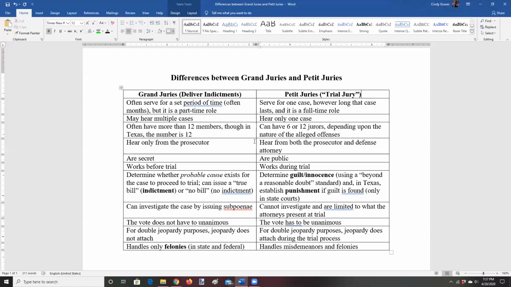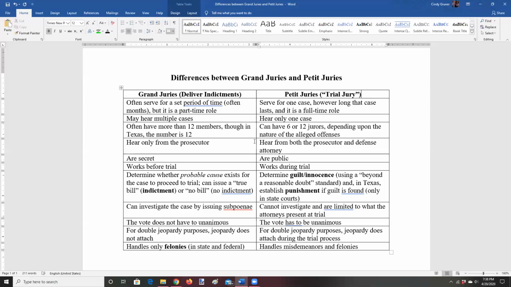I guess another reason is that whenever you're involved in an ongoing investigation, there can be issues of people's lives being in danger or a sensitivity about the particulars of the investigation. Maybe revealing this part of the investigation during the early stages might compromise other testimony or cause other people to change their testimony or things like that. Petit juries obviously happen in trials, and so trials are public almost always.